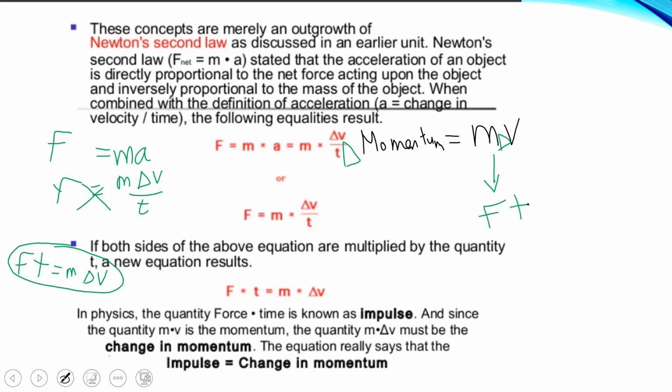That means also a change in momentum. So a change in momentum can be represented by m delta v or force times t. We have two formulas for a change in momentum. And sometimes you can say that the product of a force times the time is known as impulse.